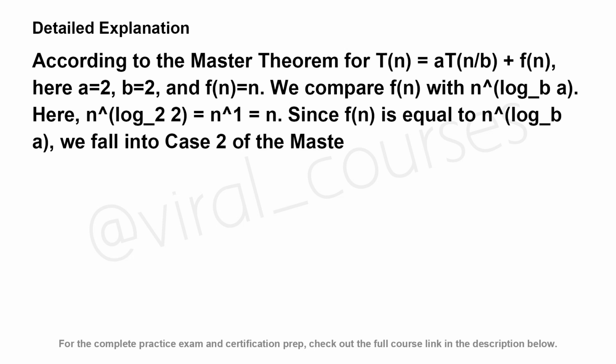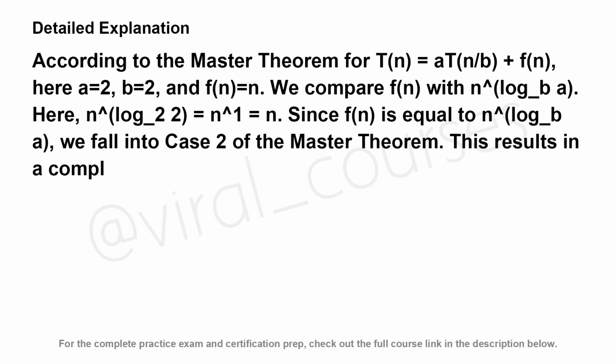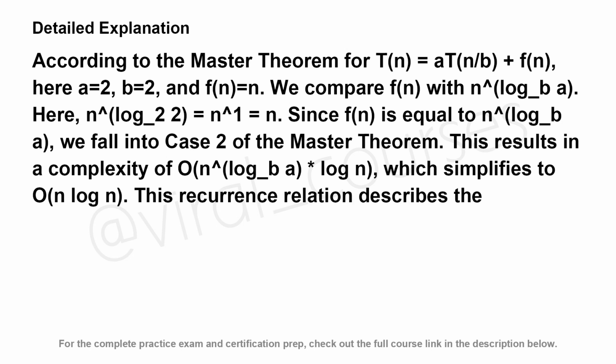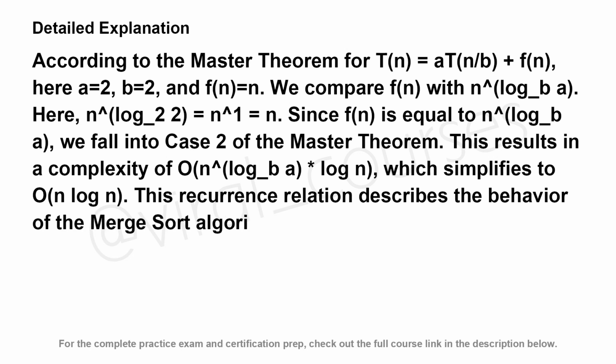Since f(n) is equal to n^(log_b a), we fall into case 2 of the Master Theorem. This results in a complexity of O(n^(log_b a) times log n), which simplifies to O(n log n). This recurrence relation describes the behavior of the merge sort algorithm.